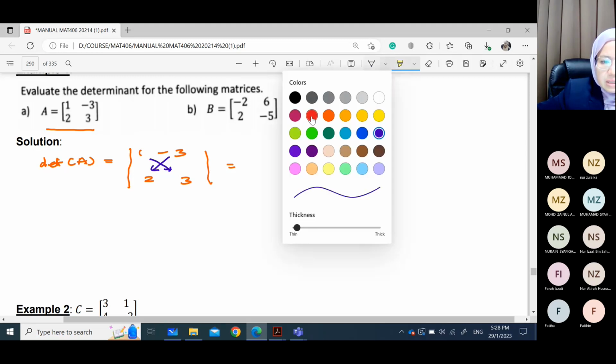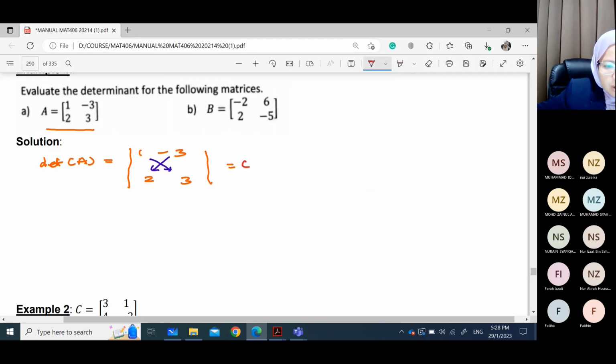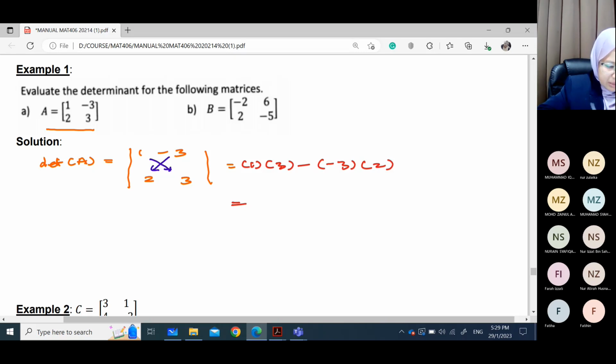Okay, so the answer here is 1 times 3 minus negative 3 times 2. So the determinant of this matrix is about 1, 3. Berapa tu? Cuba kira. 3 minus negative 3 times 2. Negative 6. So 3 minus negative 6. Apa jawapan dia?